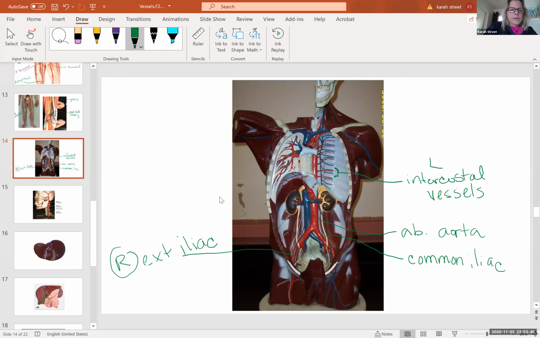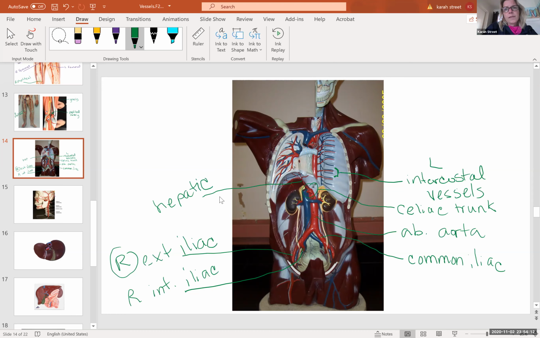And here is the right internal. And way up here, this little nub is actually the celiac trunk again. And you can see a branch coming off there, and that would represent the hepatic artery.